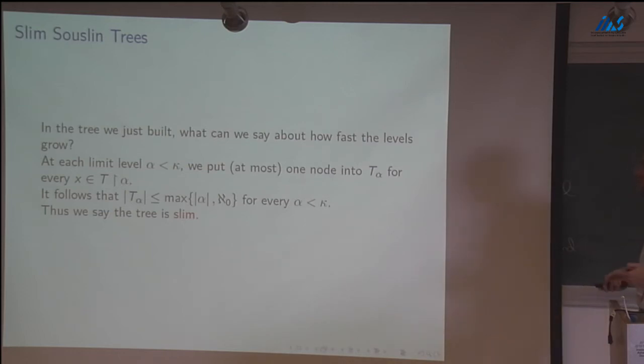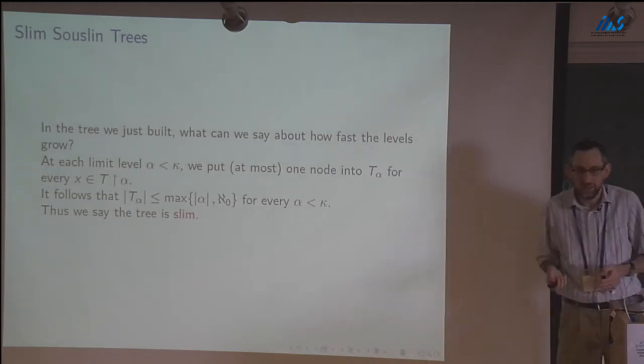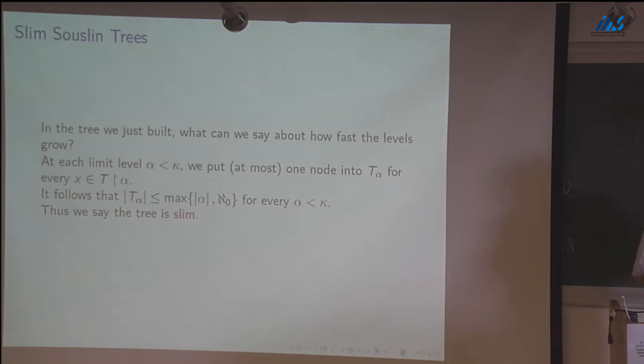And so the level of each tree is always bounded by the height of the tree, with the exception of finite levels, where you might grow fast. But the width of a tree is never bigger than the cardinality of its height. So we call such a tree slim. And that is how the tree we've just built looks.